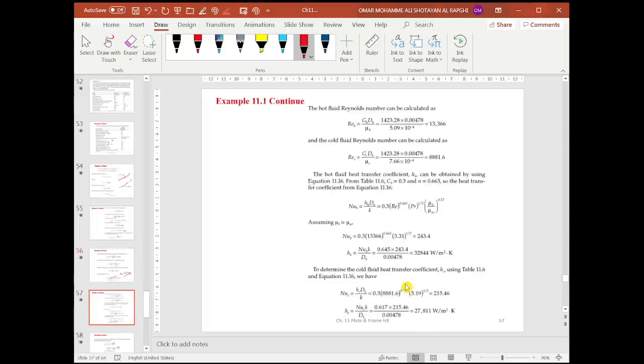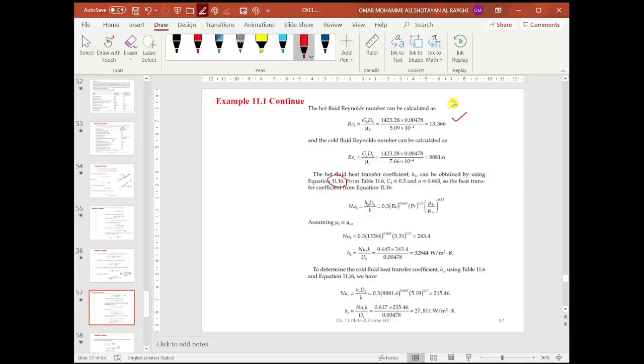This value can be used to find the Reynolds number, and the same of course for the hot fluid and the cold fluid. So this value is 13,000 something, and the Reynolds number for the cold fluid is 8,000 something. You go to table 11.6.